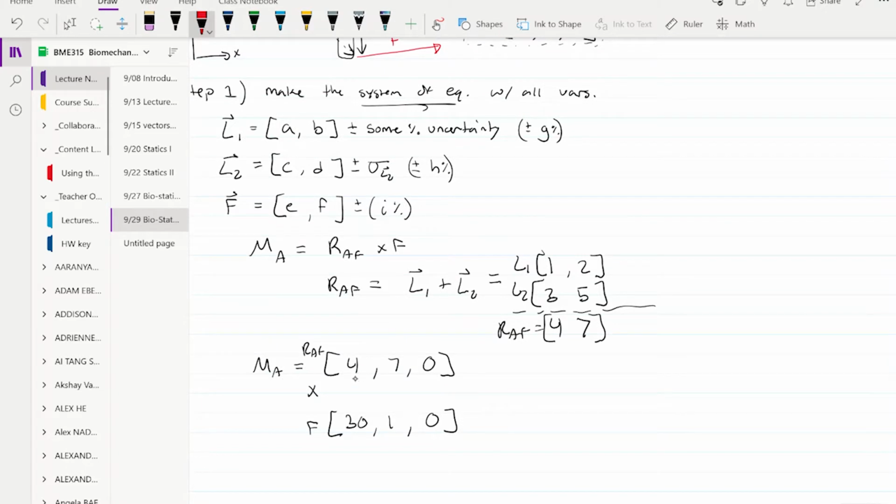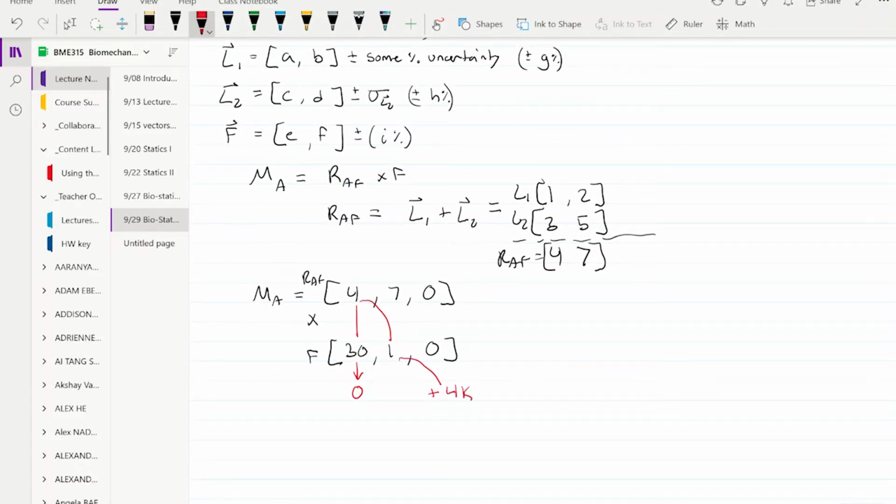When you do a cross product, if you write it out like this, anything multiplied in the columns is equal to 0, because you get I cross I, which is 0. So you can ignore anything where you multiply these things in the column. So this is going to be I cross J gives you positive K, and that's 4 times 1, in the K direction.